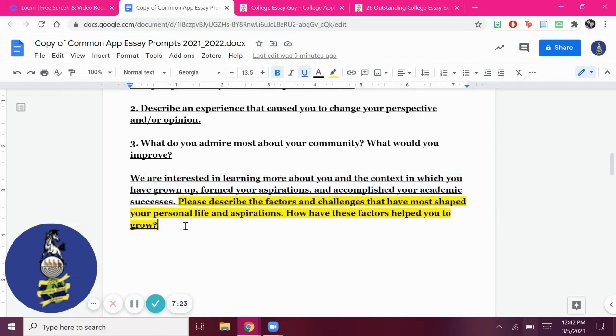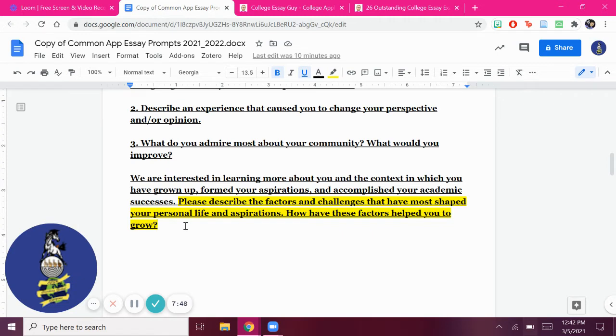So this is sort of asking for your life story, but that's not what you want to write about. So here, this prompt really highlights the fact that college essays are supposed to get to know you as a person. And this is sort of asking about the context in which you have grown up.